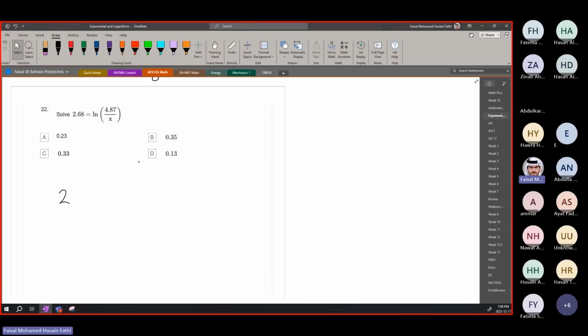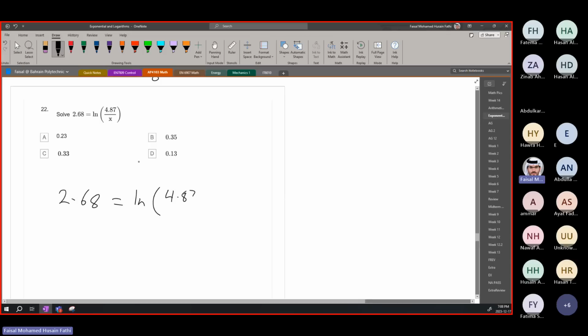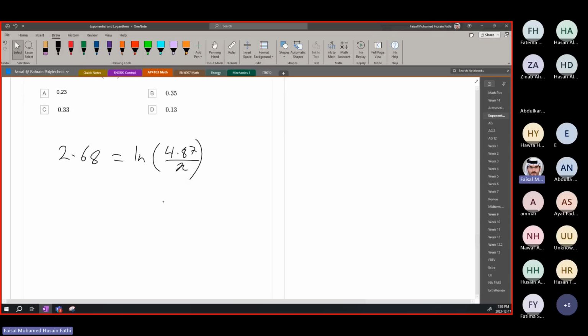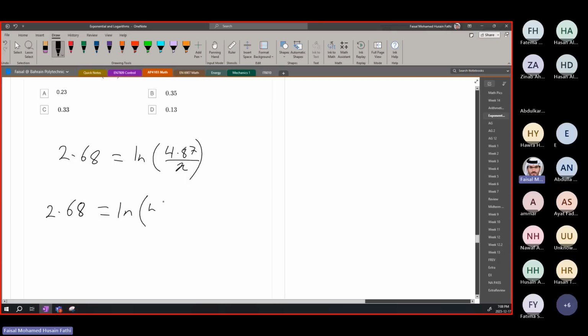So solve 2.68 is equal to ln of 4.87 over x. This is a good question. Remember, the rules of log apply to ln as well. So 2.68 is equal to 4.87 divided by x.